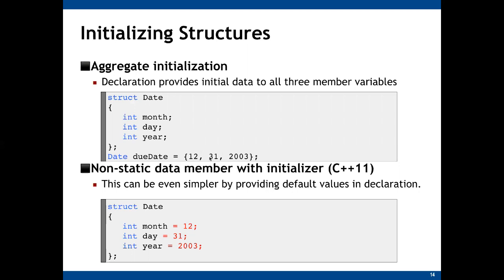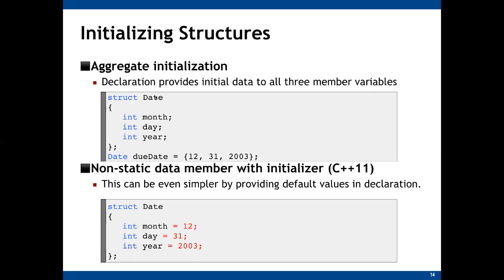And the number of initialized values is also important. It is a compiler error if you put more initialized values than the structure member variables. So if you put 4 values here, the compiler will throw an error because there are only 3 members in the date structure. But it is okay to initialize fewer values than the structure members.